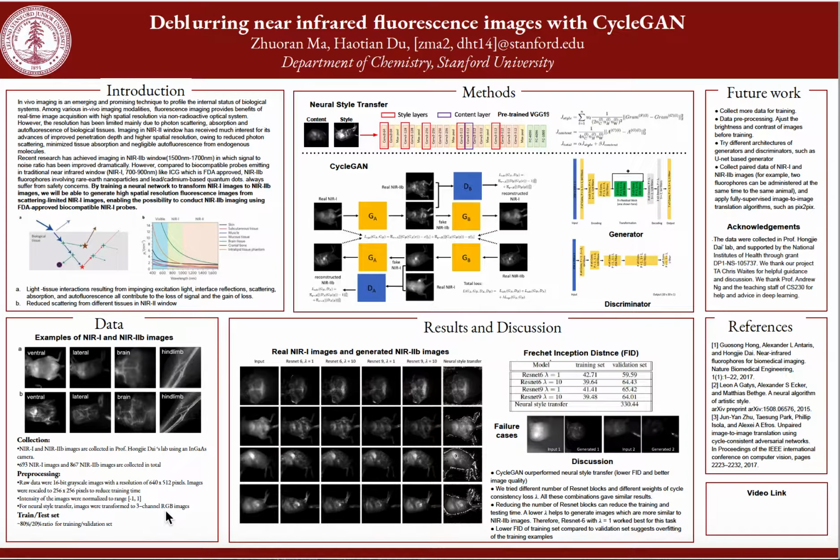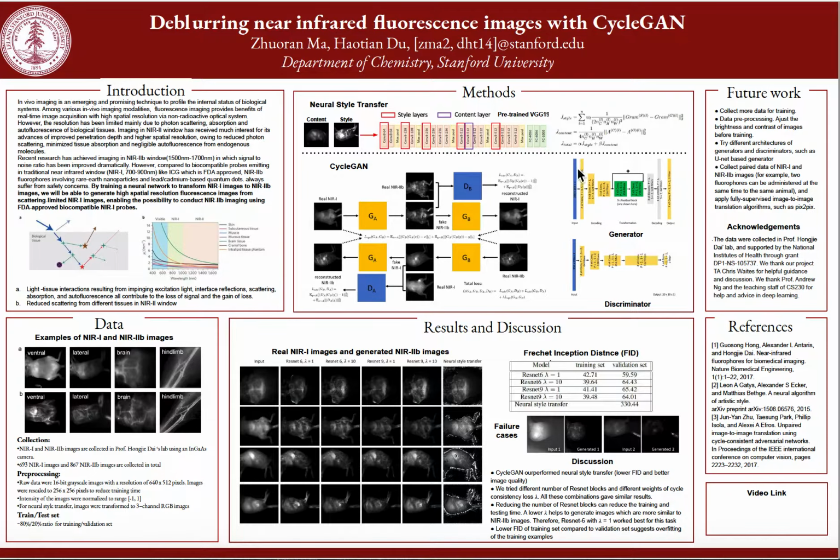For our baseline model, neural style transfer, the images were transformed into 3-channel RGB images. And for our train-validation split, because our dataset is relatively small, we split it into approximately an 80% to 20% ratio for training and validation sets.